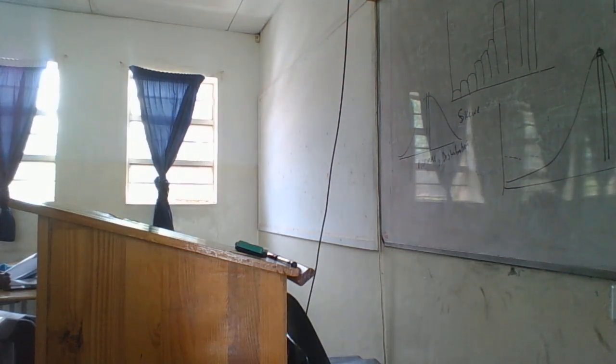So in our next lesson, when we meet, we will be looking at whether it is positive skewed, negative skewed, or normal distribution. So the skewedness. It can either be positive skewed, negative skewed, or normal, symmetrical, which is known as normal.